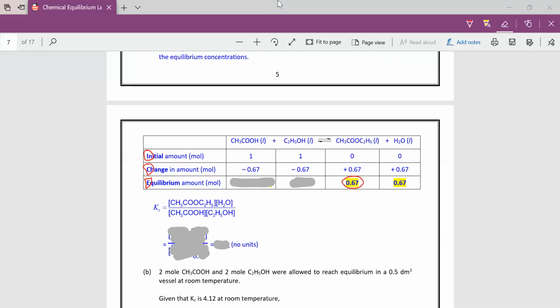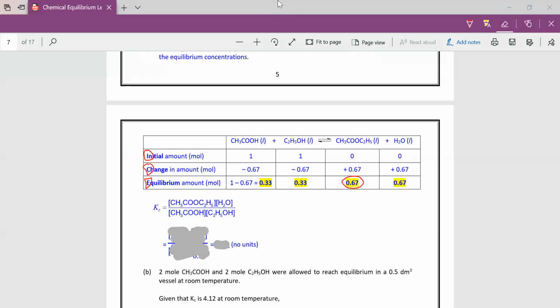So 1 mole minus 0.67, you're going to get 0.33 for each of them. So this is how we do the calculation. Hopefully you're following the process. If not, just pause this video, rewind it, and play again. If necessary, you can slow down the playback speed so that you have the time to take in the content.